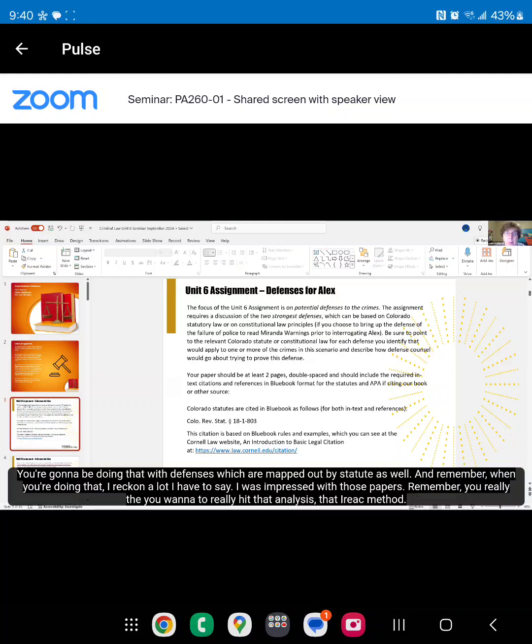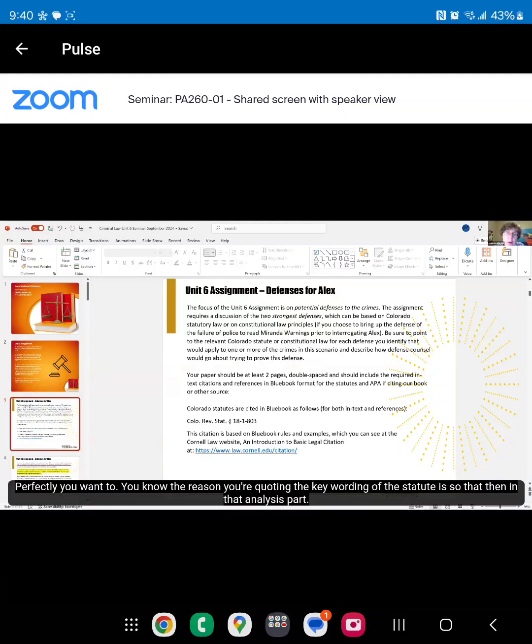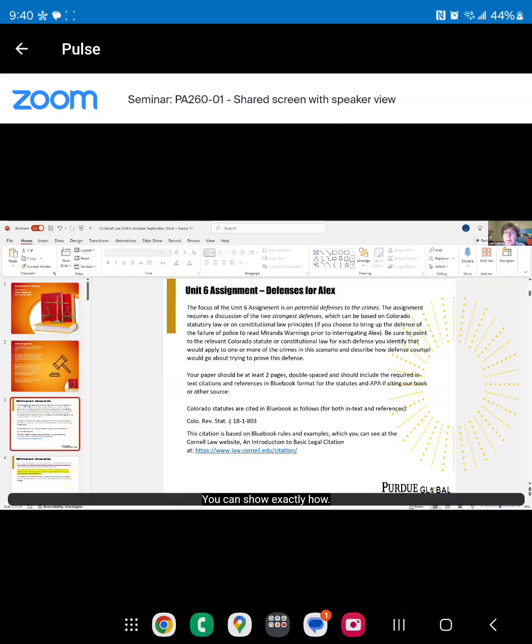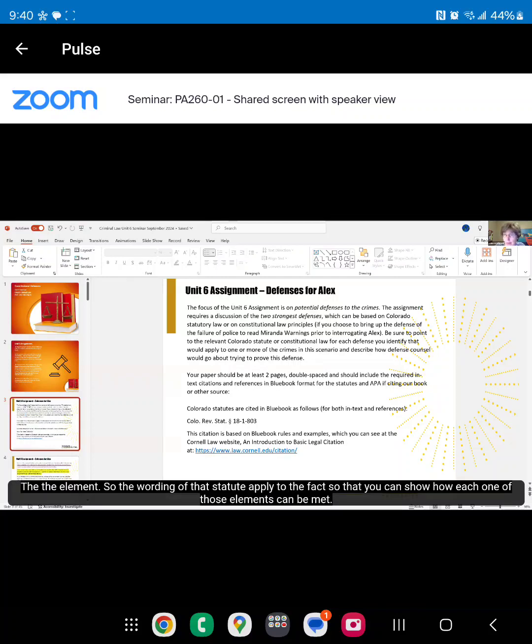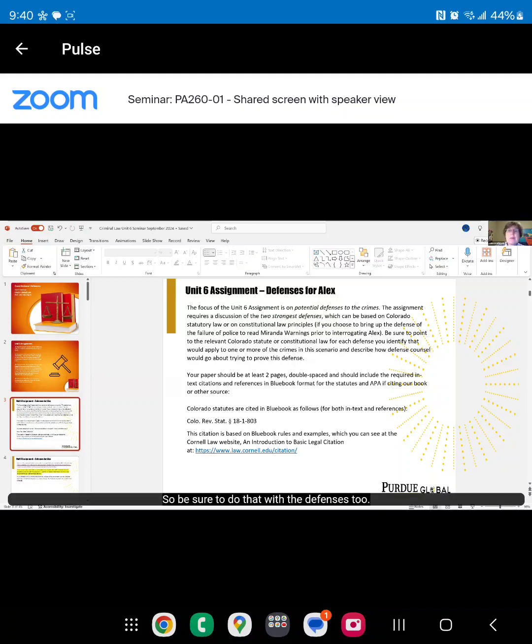Remember, you want to hit that analysis, that IRAC method, perfectly. The reason you're quoting the key wording of the statute is so that in that analysis part, you can show exactly how the elements or the wording of that statute apply to the facts, so that you can show how each one of those elements can be met. So be sure to do that with the defenses too.